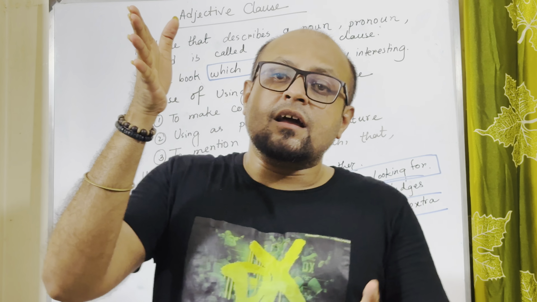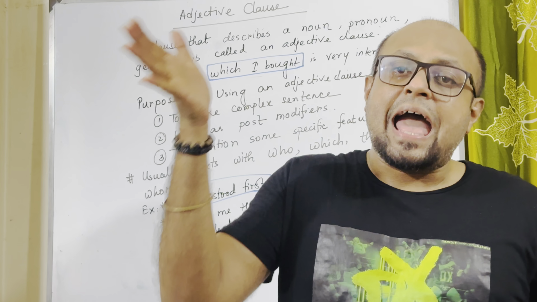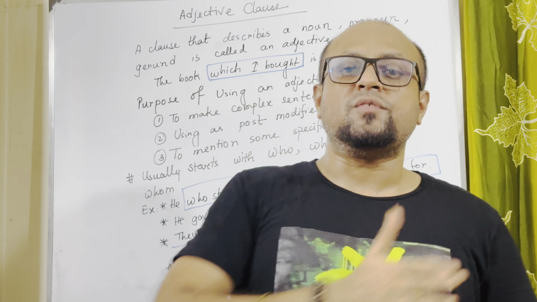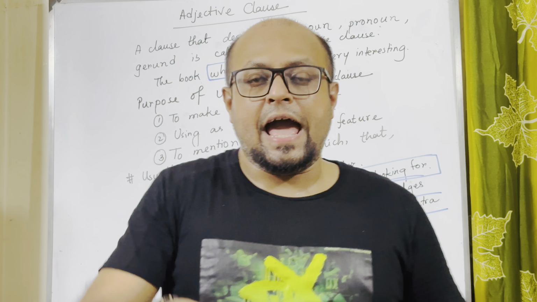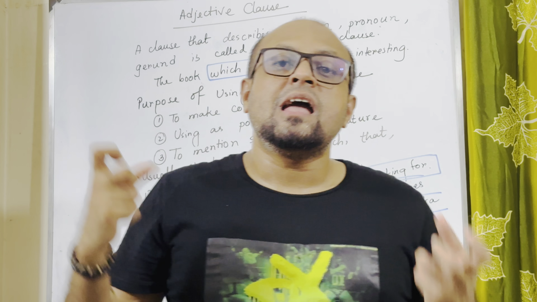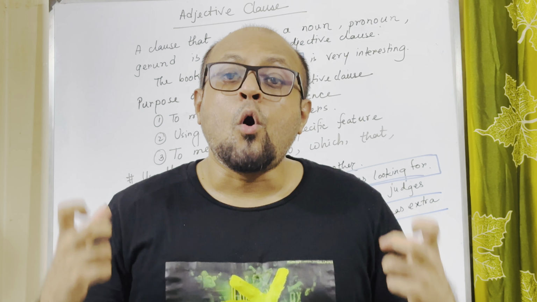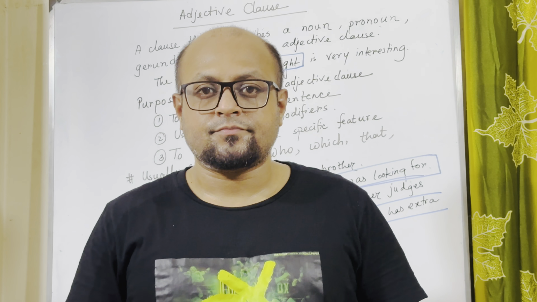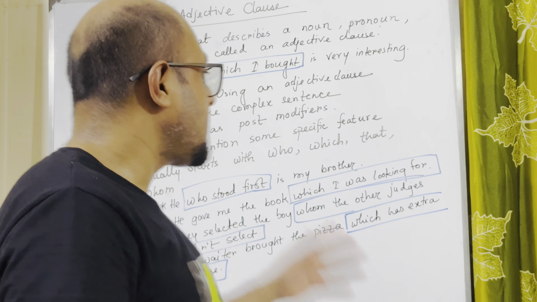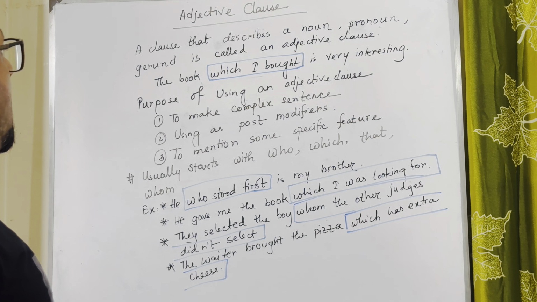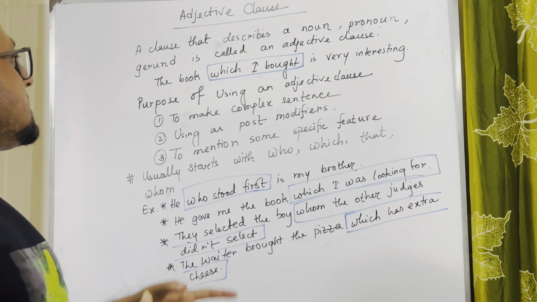So in language you can use a noun or the equivalent of a noun, and with it you can apply an adjective clause to describe it more specifically. Just take a look at the board. A clause that describes a noun, pronoun or gerund is called an adjective clause.